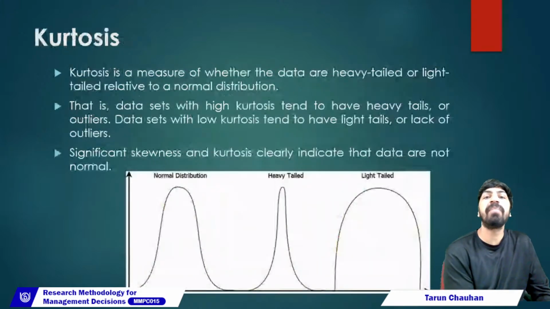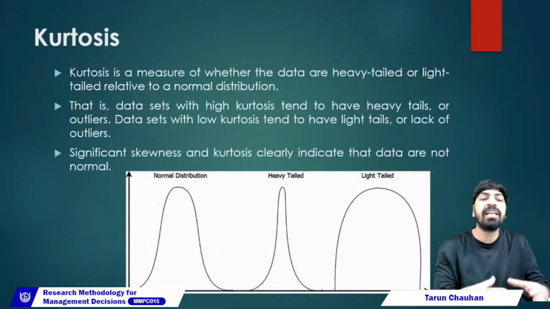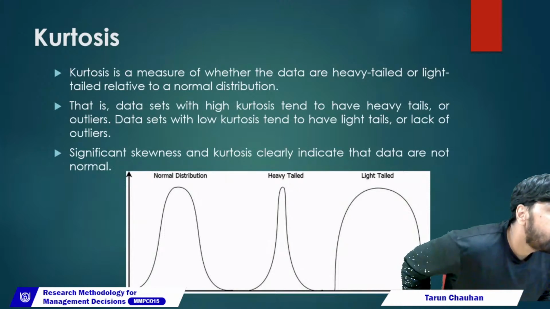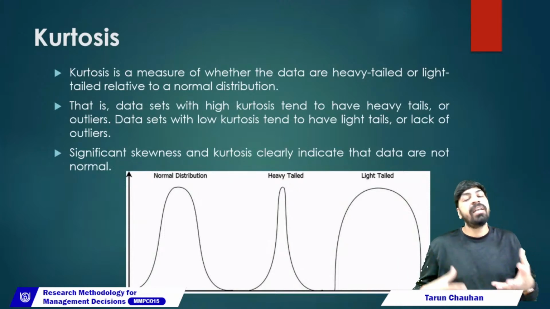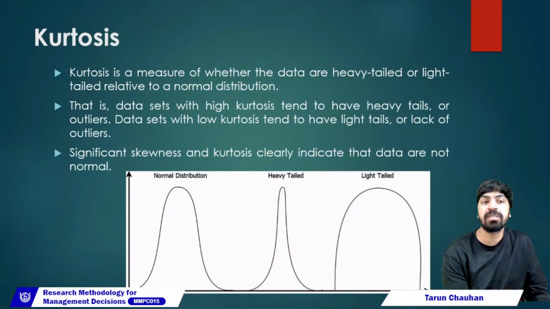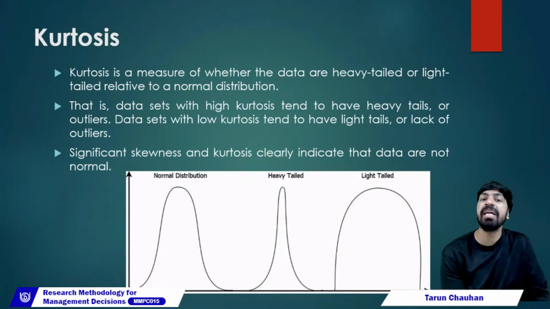Kurtosis is also a measure of whether the data is high-tailed. It always tells us the shape of the particular data set being used for a study, and it is also useful for normal distributions. So kurtosis is the measure of whether the data is heavy-tailed or light-tailed relative to a normal distribution.